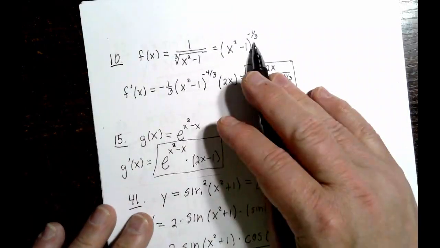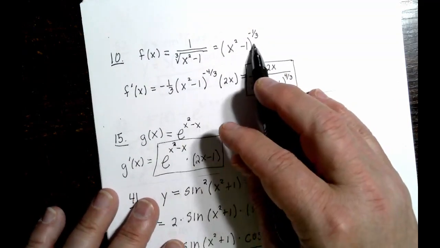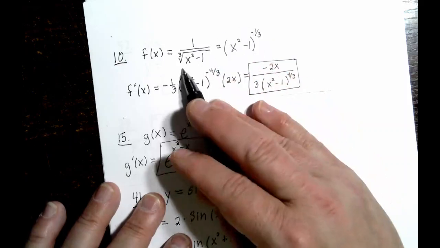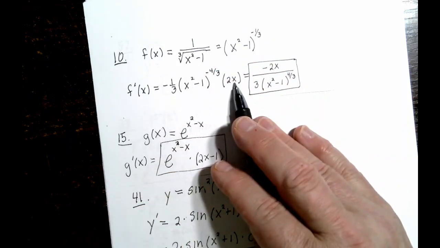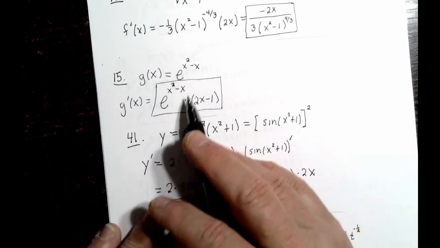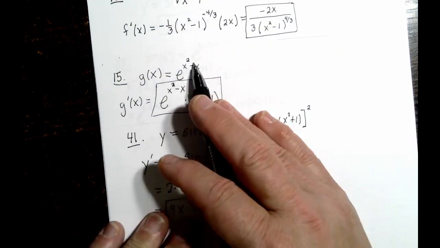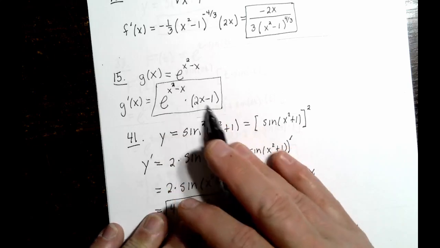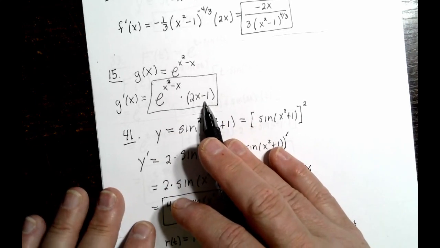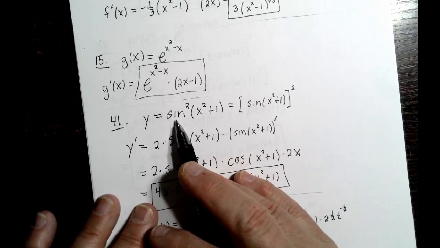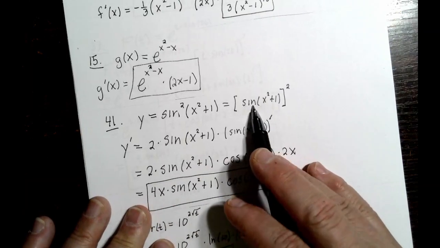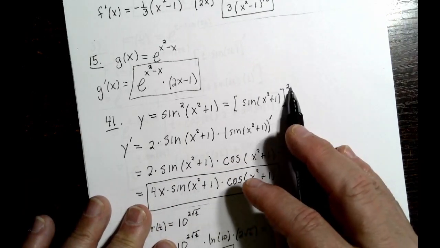You can write this one to the minus 1/3, and then you can use the chain rule, bring the minus 1/3 out front, and subtract 1, and then take the derivative of what's inside. For this one, e to the whatever is just e to the whatever times the derivative of what's inside, the exponent there. 41, this is really sine of x squared plus 1, squared.